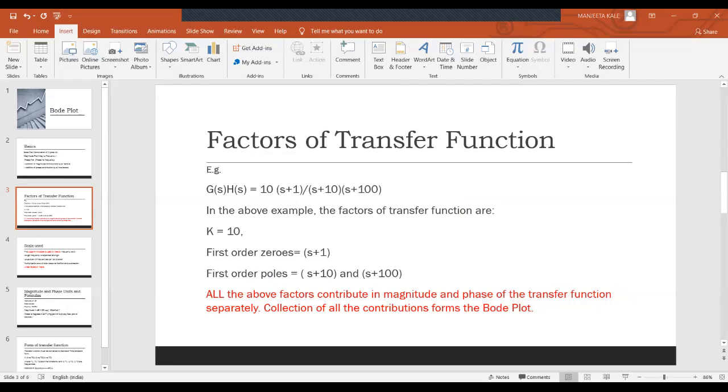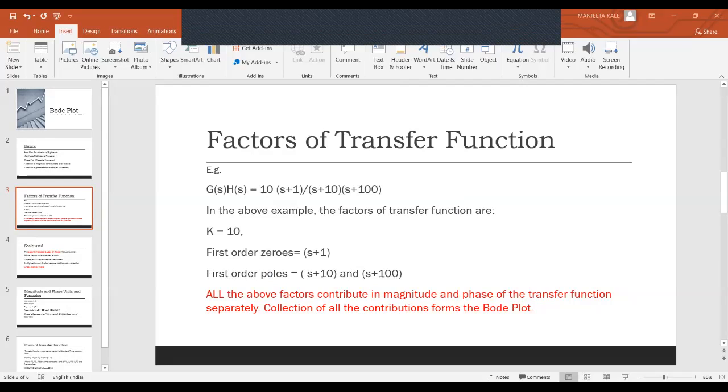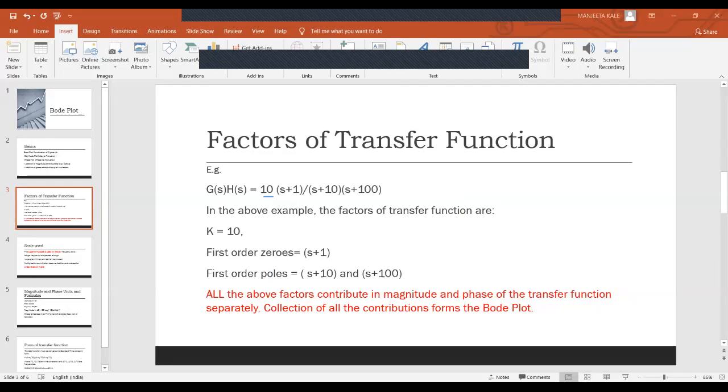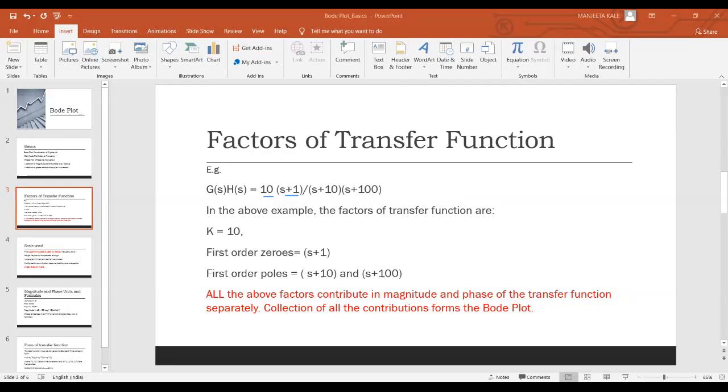In this example, we have 10 into (s plus 1) upon (s plus 10) into (s plus 100). K is a separate factor, s plus 1 is a separate factor known as a first order zero, and there are two first order poles, one is s plus 10 and another is s plus 100.